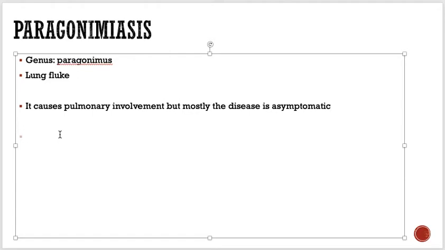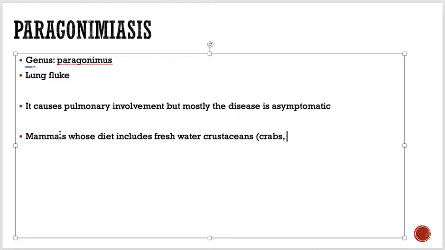But simply, all the carnivores and omnivores whose diet includes fresh water crustaceans. Now what are crustaceans, guys? If you know, crabs are crustaceans, and crayfish are also crustaceans.